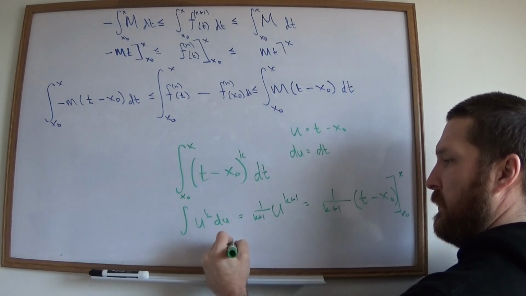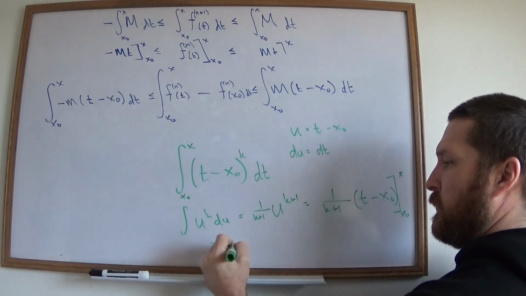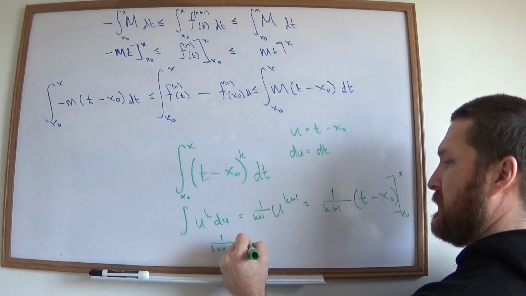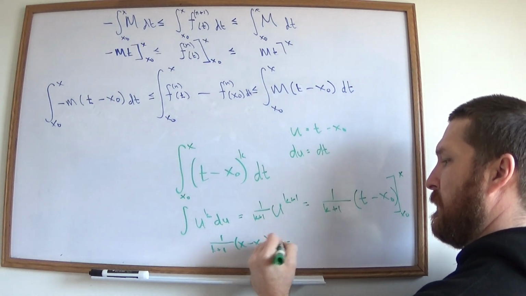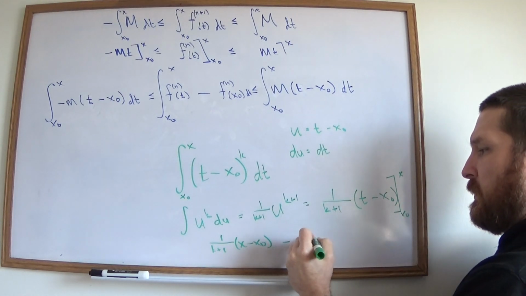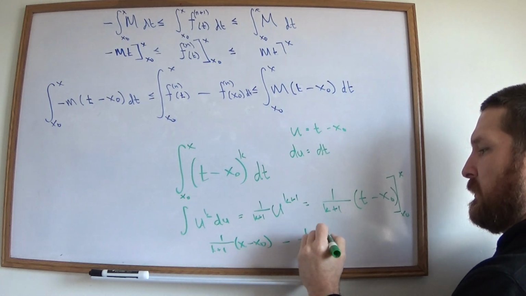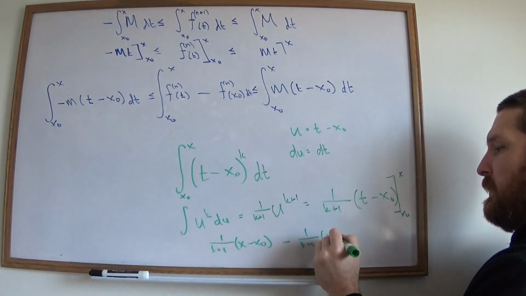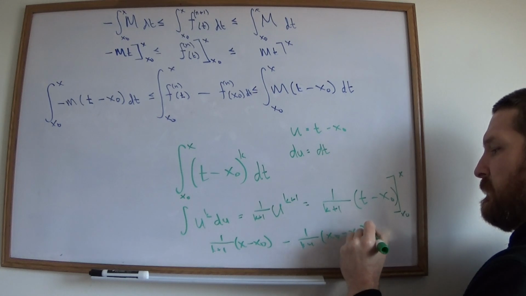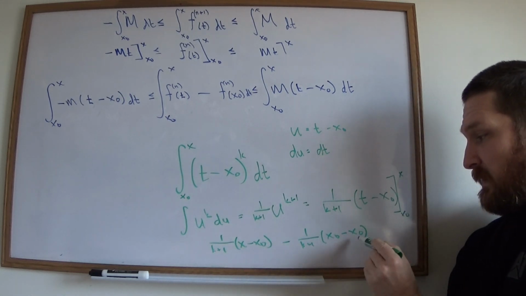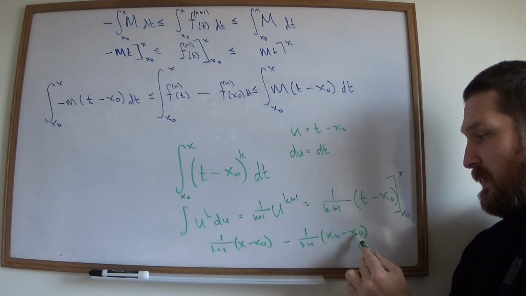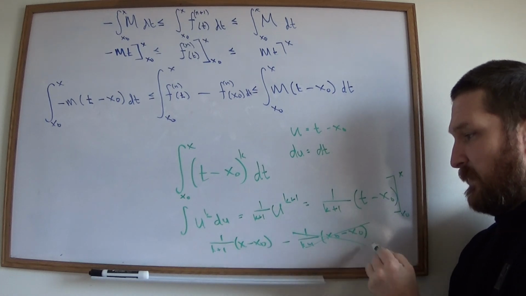So let's do that. We have 1 over k plus 1, plug in my x, minus the same thing, 1 over k plus 1 down at x0. x0 minus x0. Oh, nice, this goes away, right? x0 minus itself is just 0, so that's a big fat 0.